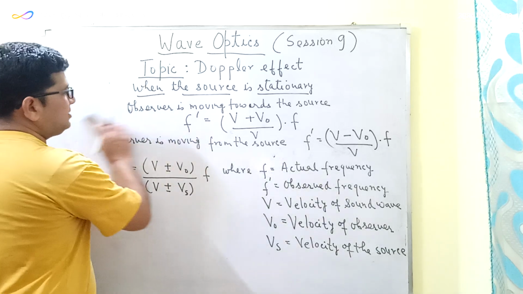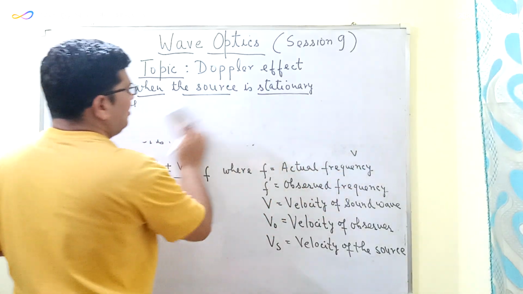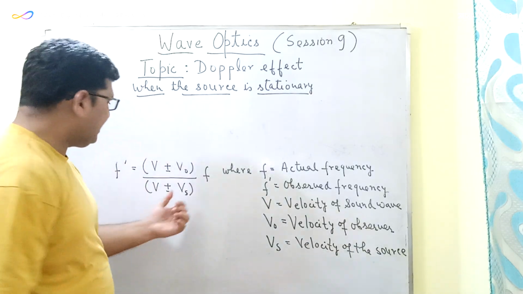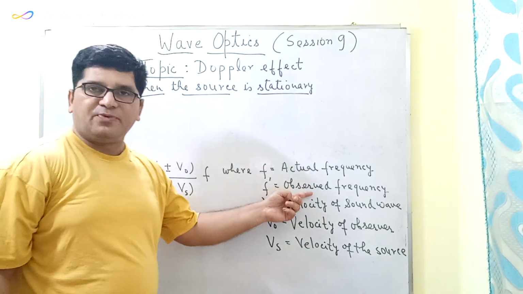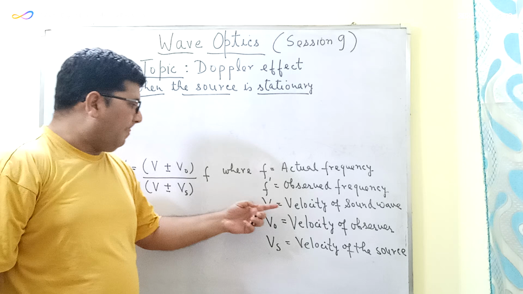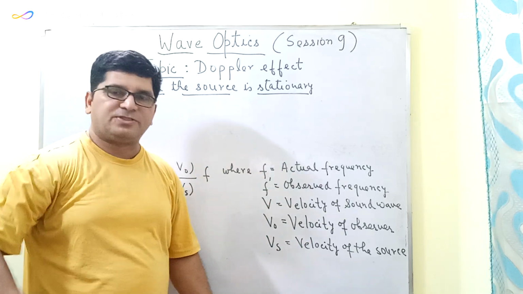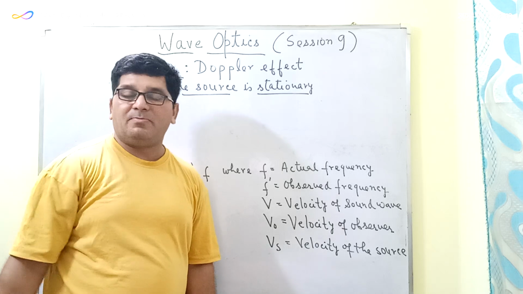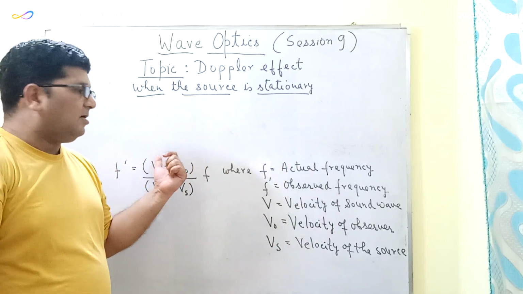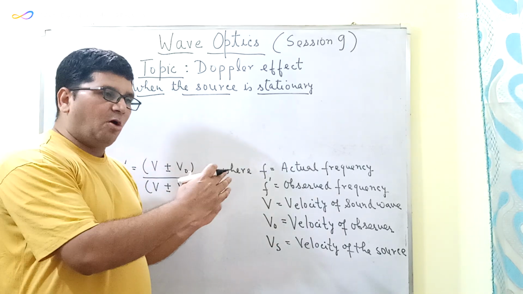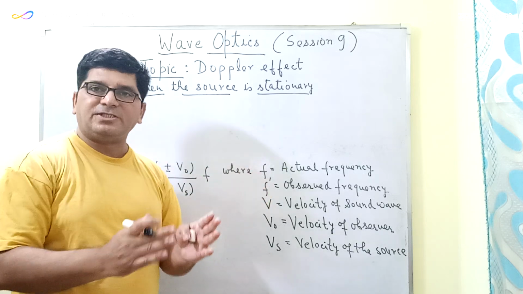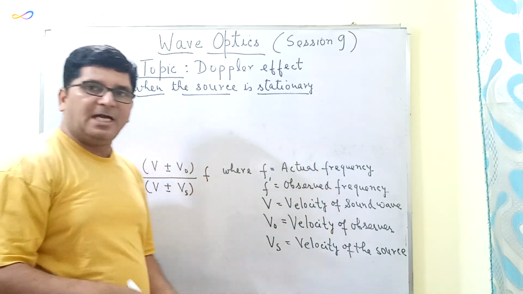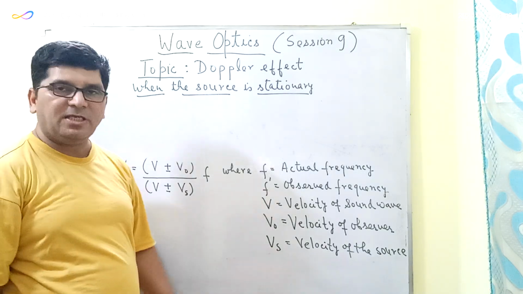So these are the four situations in which we can calculate the observed frequency, and you can find many other options also in which the source and the observer are moving towards each other, or moving away from each other. In that case also you can find the observed frequency.